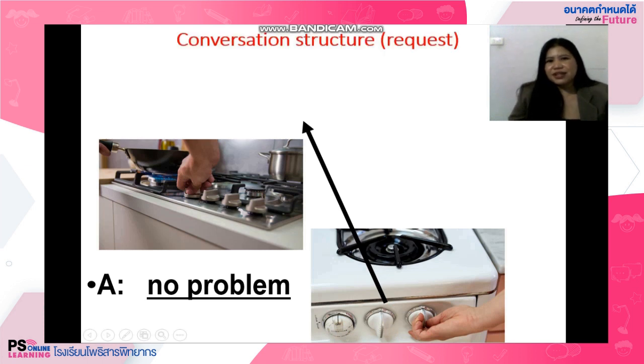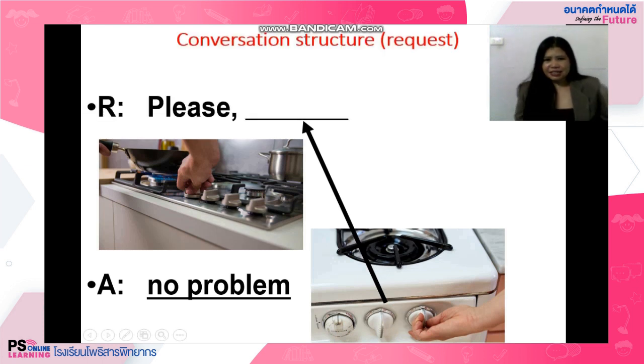I gave the answer already. What is this? Think first. Don't look at the first picture, look at the second picture. The first picture is with a fire, right? The second picture is no fire. If there is no fire, what should be done?